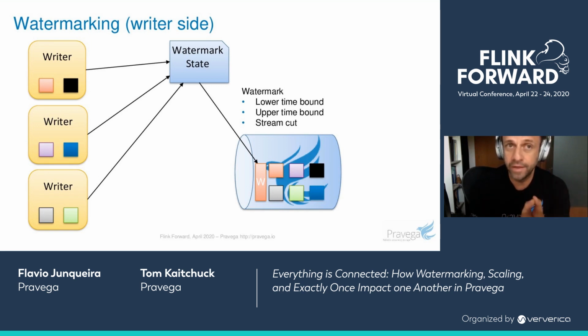And the StreamCut is a position in the stream. That position should be such that all events that have a timestamp lower than the one indicated by the lower bound are for sure before that position. So that's the guarantee that the watermark object gives us.